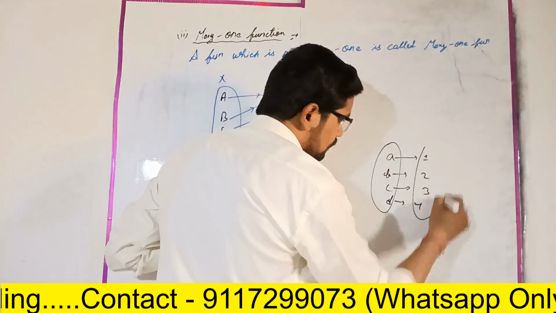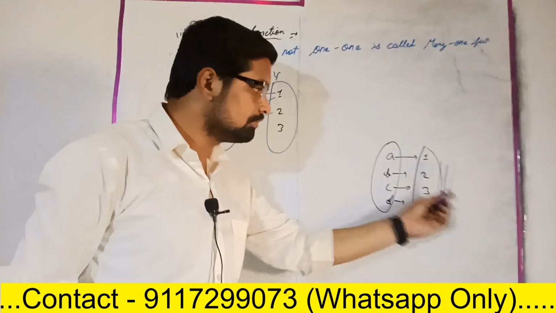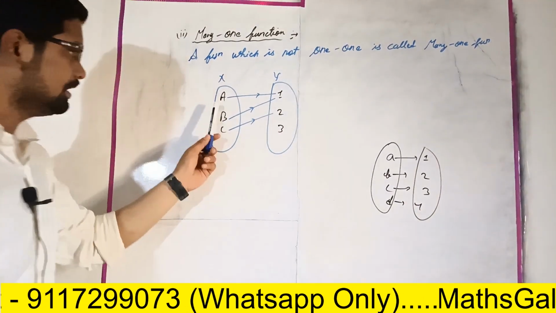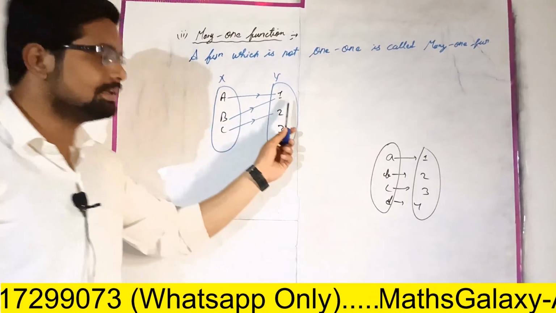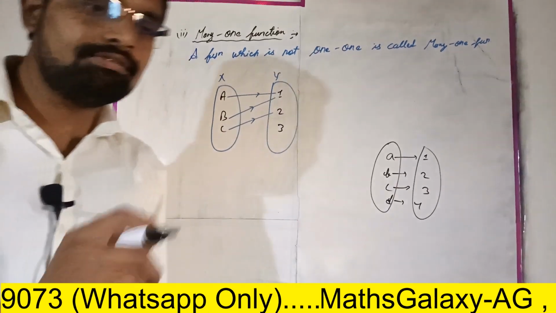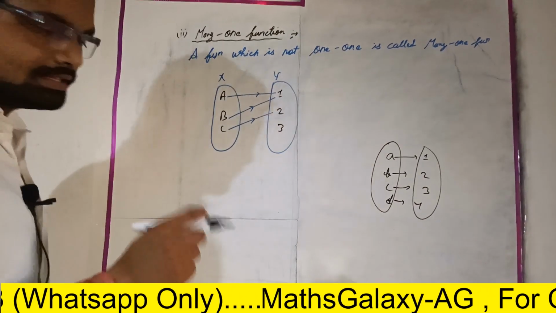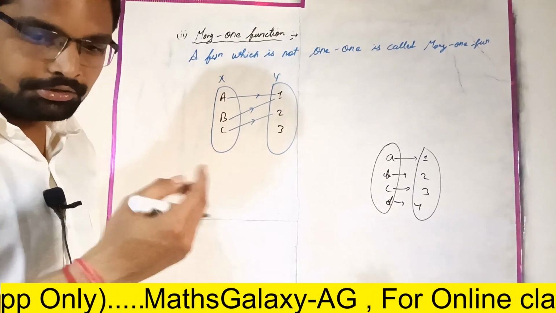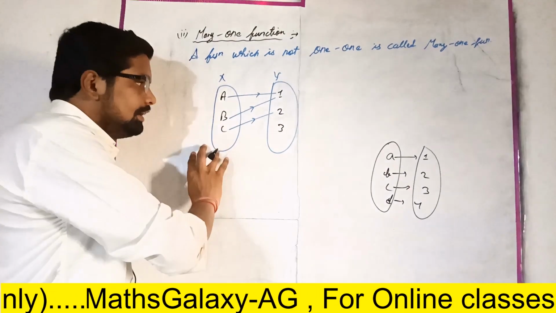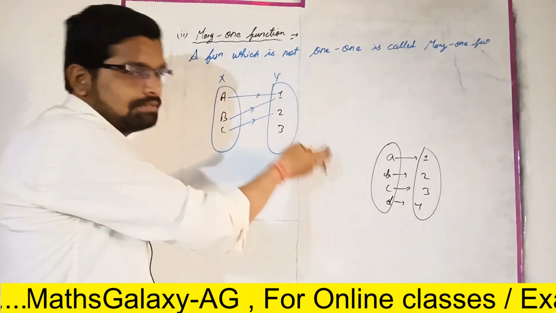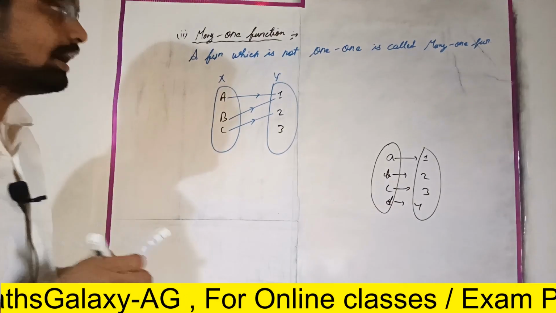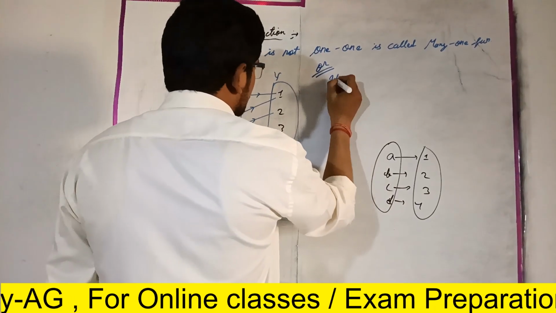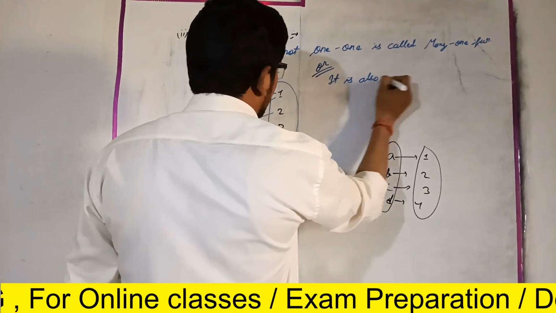So every element has one image. But here two elements have the same image. So we can also say that it is defined as two or more than two elements in A having the same image in B. This is another definition.